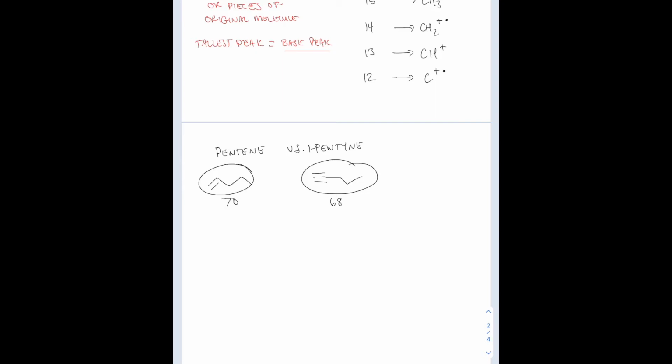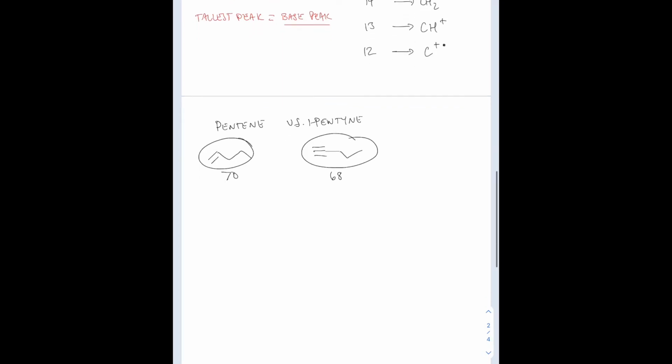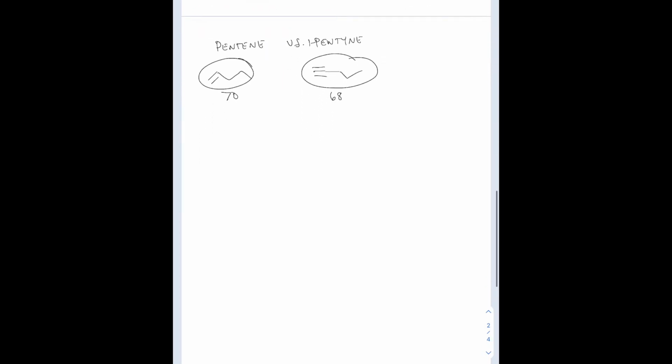It's really cool. In addition to that, it also allows us to identify certain functional groups. So for example, the presence of a nitrogen.